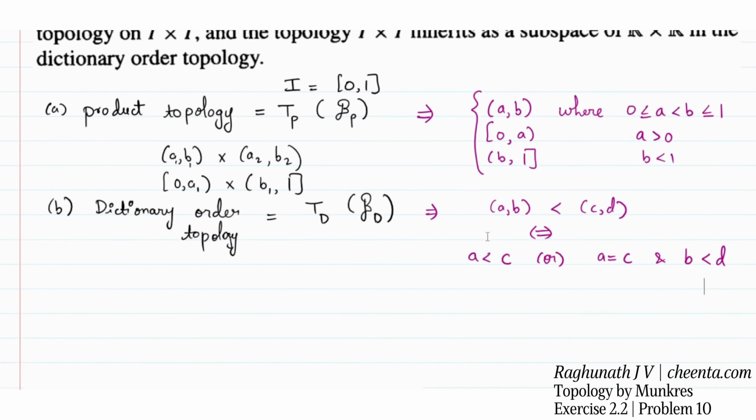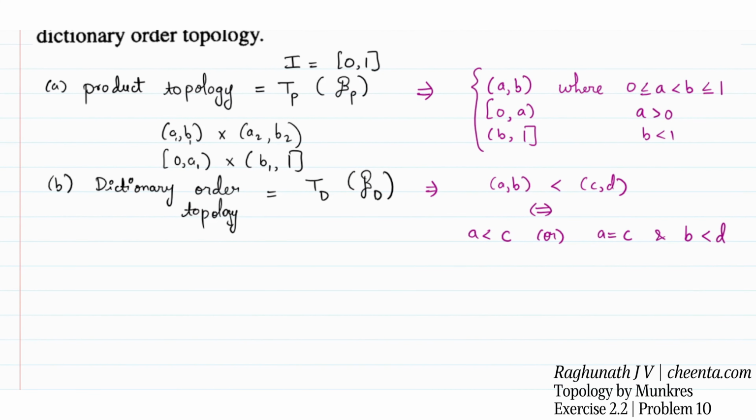Now once the ordering is understood, then the dictionary order topology is simple. You just have the basis elements as all the open intervals from, let's say, some M to N, where M and N belong to I cross I.